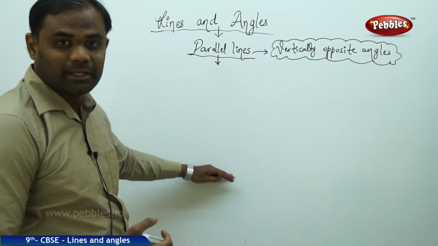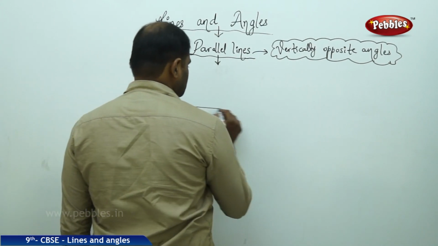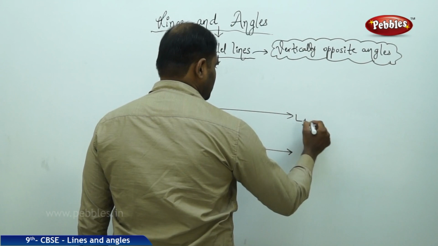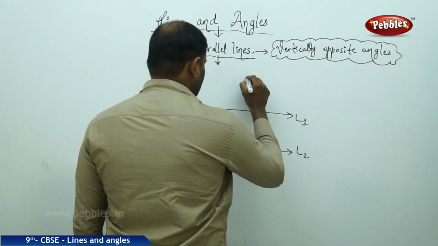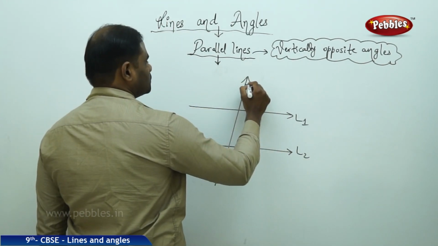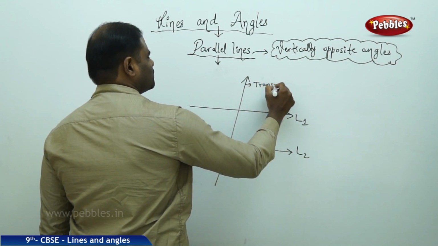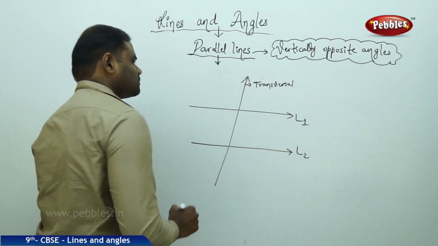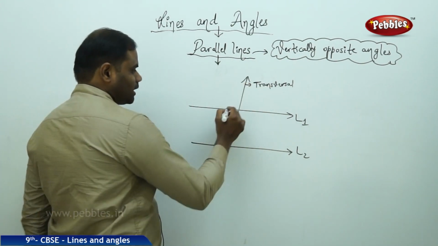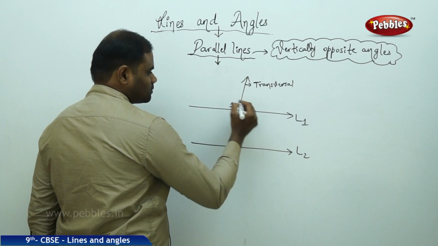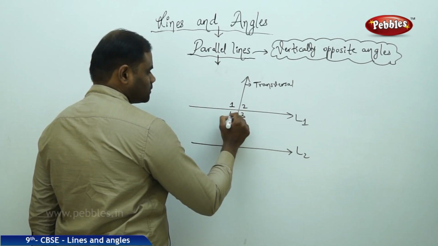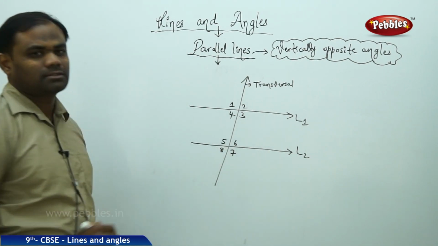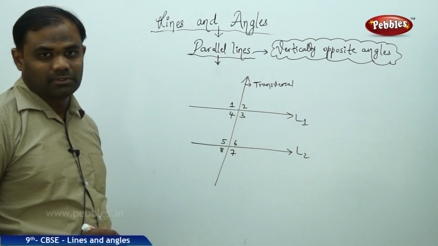Imagine I have two parallel lines, line L1 and line L2, cut by a transversal. Now we know that there are 8 angles as made by the lines with the transversal.